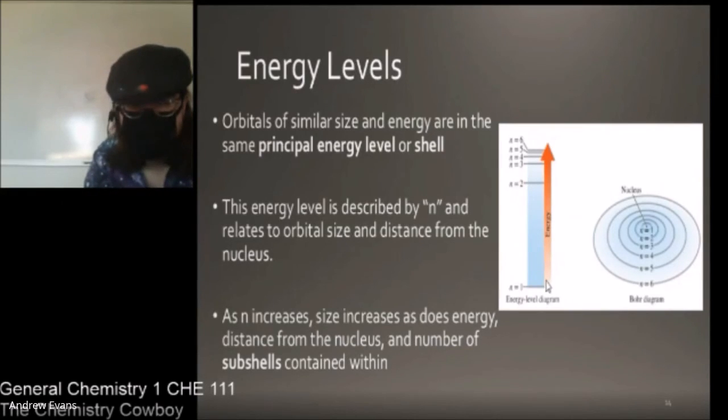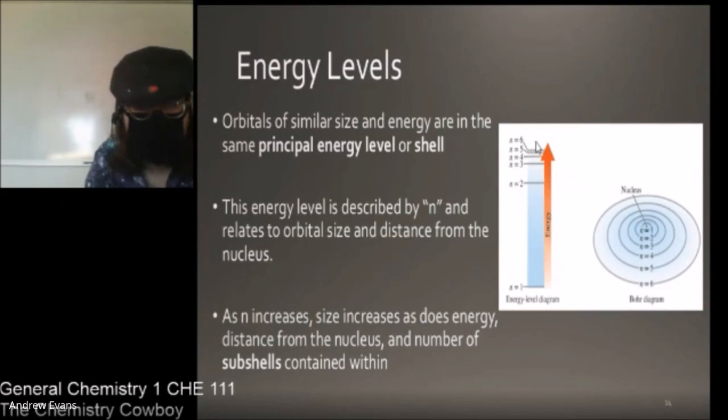So energy level 1 is the ground state. We can't get any lower energy than this. When we jump to energy level 2, we have to absorb this much energy to get here. Then we jump to energy level 3, we absorb a little bit more. Jump to energy level 4, a little bit more. 5, 6. Eventually, you could calculate how much energy it takes.